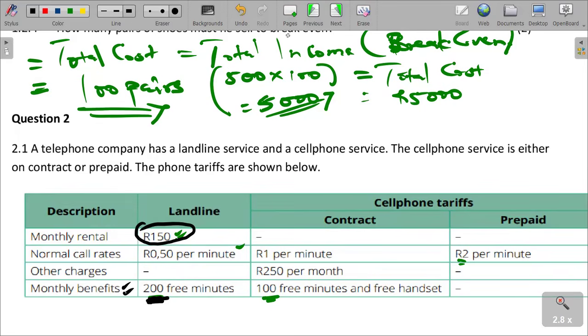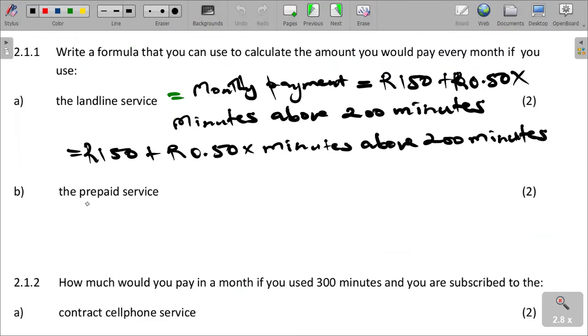And then the next question is asking for the formula for prepaid. Prepaid also has a monthly cost.